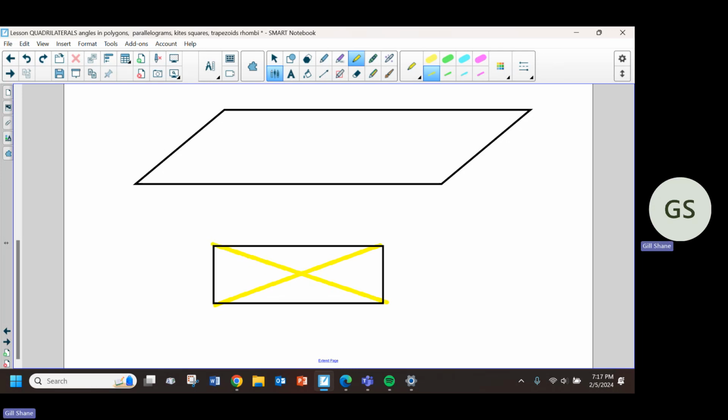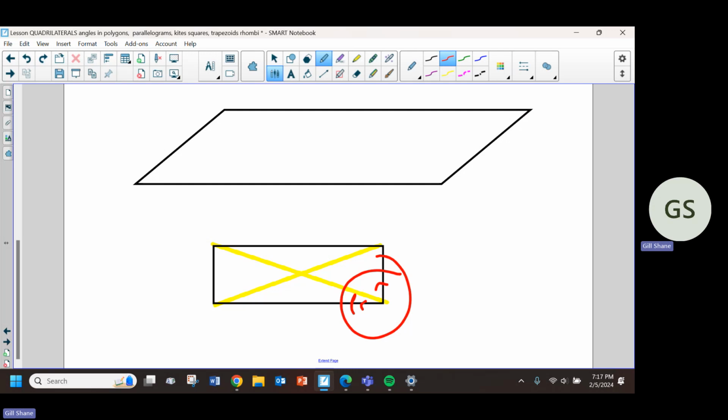So these angles here, I hope you can see it. That angle is not congruent to that angle. Now they're part of this angle, so they would have to add up to 90.